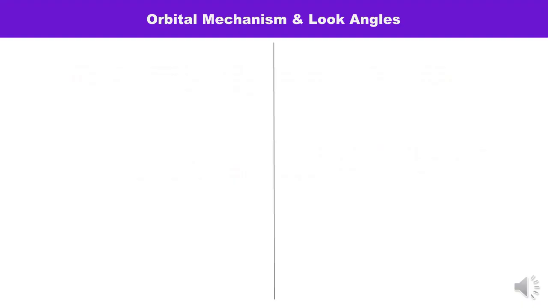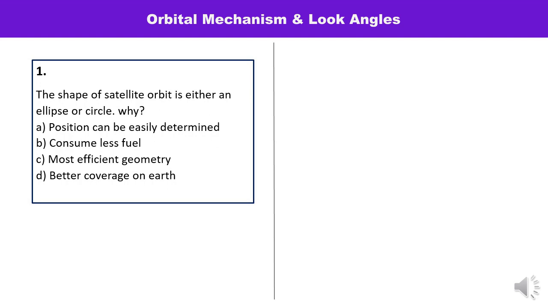First question is, the shape of satellite orbit is either an ellipse or circle. Why? Why is the shape of satellite orbit either circle or ellipse? There could be various factors, but out of these four factors you have to identify the correct one. Position can be easily determined, or consumes less fuel, or most efficient geometry, or better coverage on Earth.